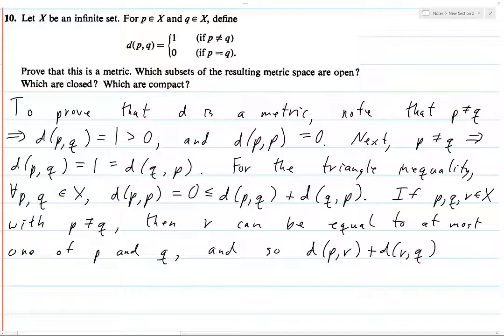And so the sum of these two things is going to be at least 1. It could be 2, but it has to be at least 1. And so therefore this is greater than or equal to 1.